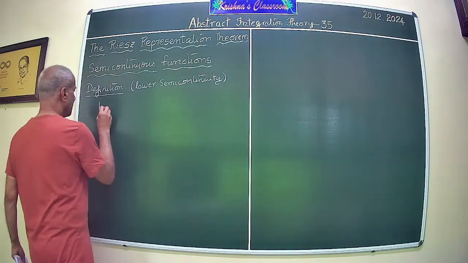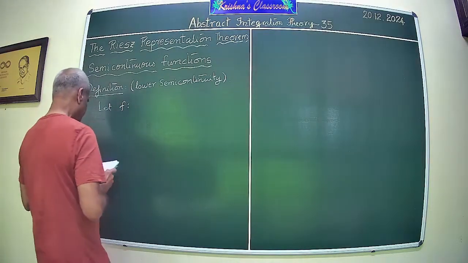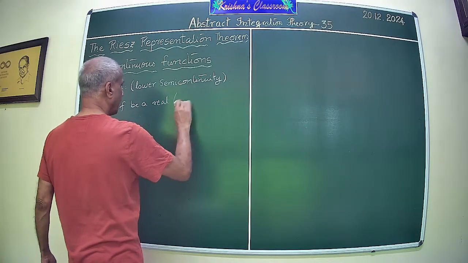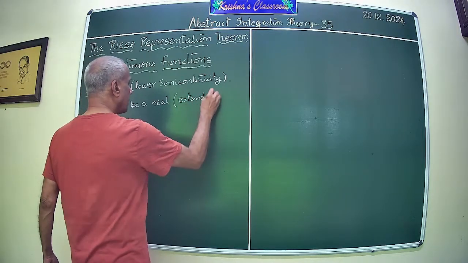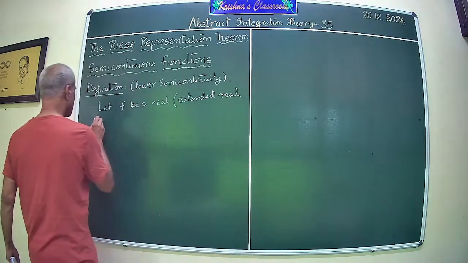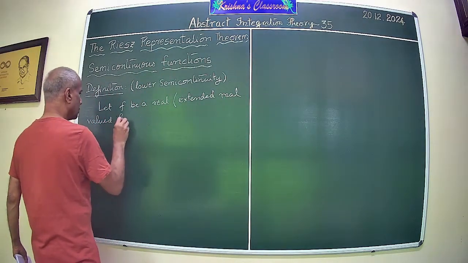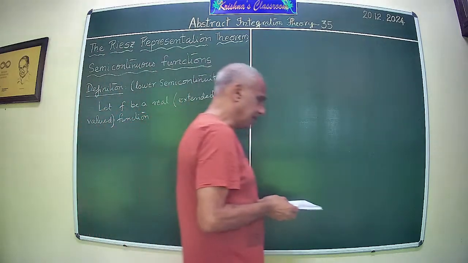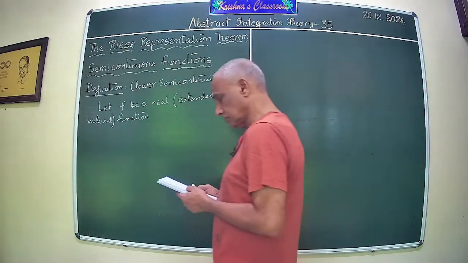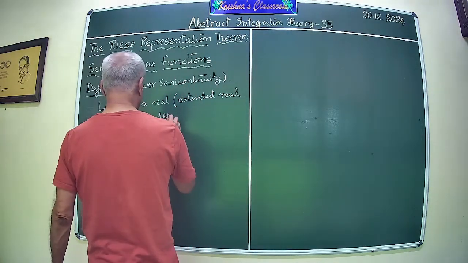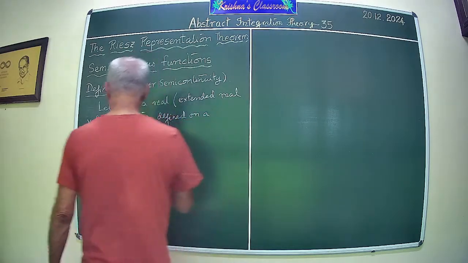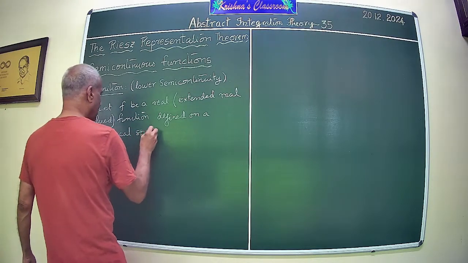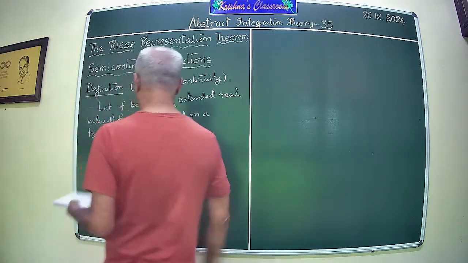Let f be a real valued or extended real valued function defined on a topological space, where tau is the topology.